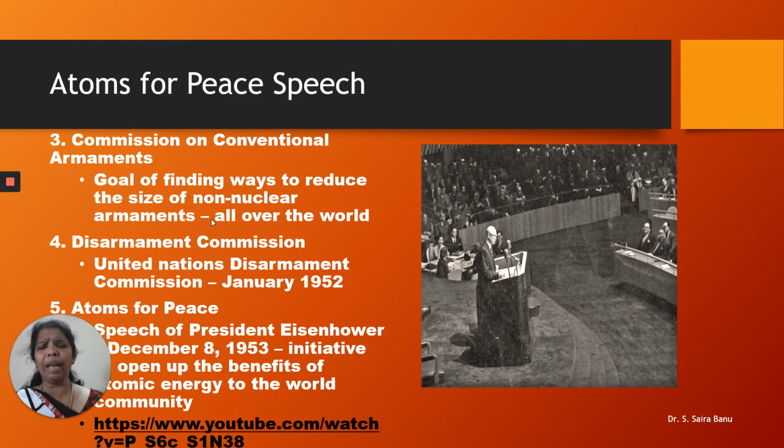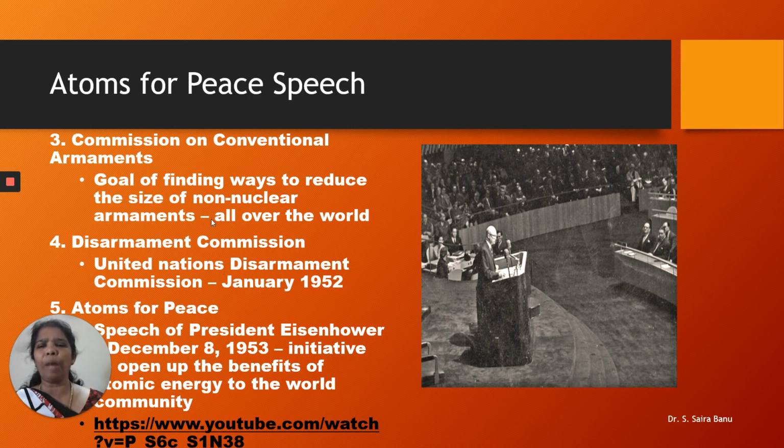Now, another speech here by President Eisenhower is known as the Atoms for Peace speech, where he insisted that atomic energy should be used only for peaceful activities, which will ensure peace.